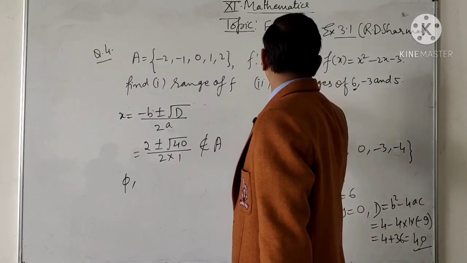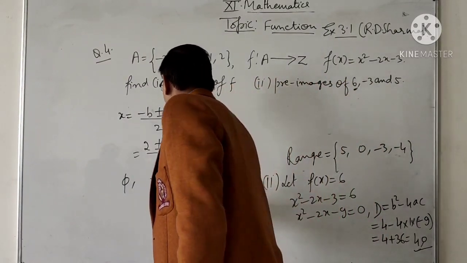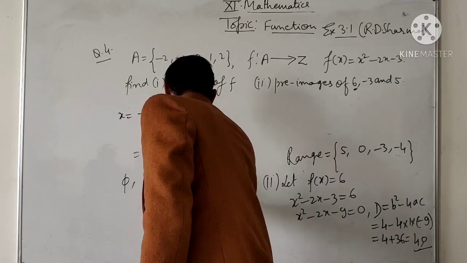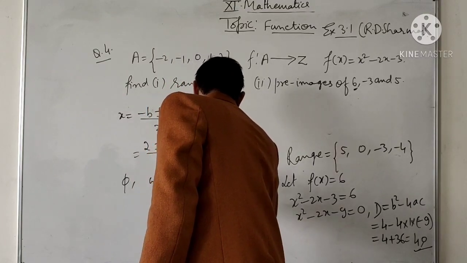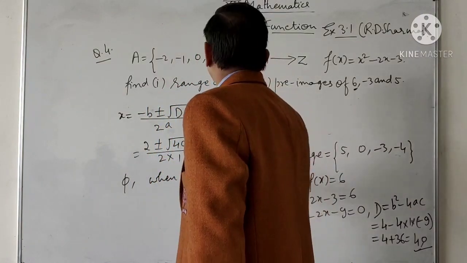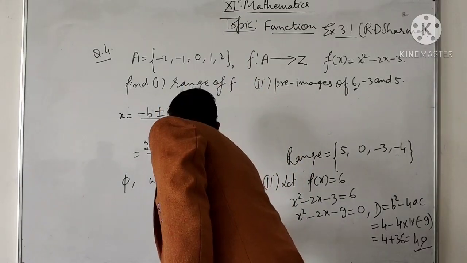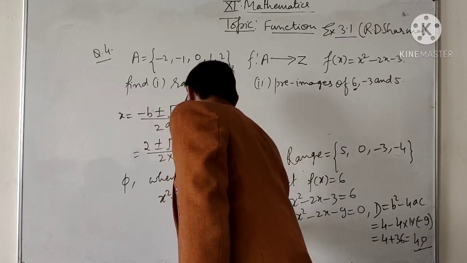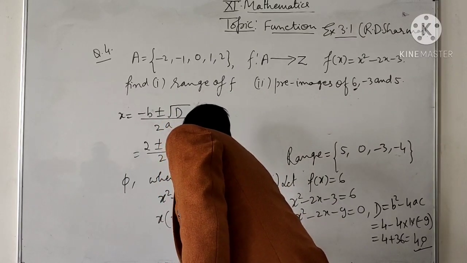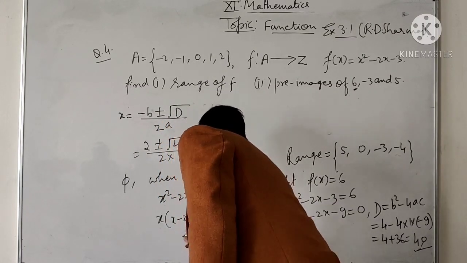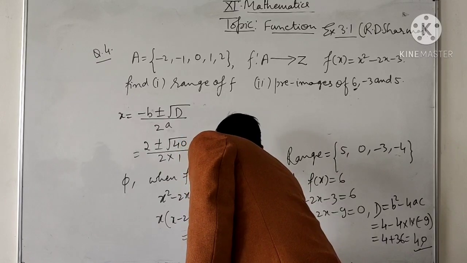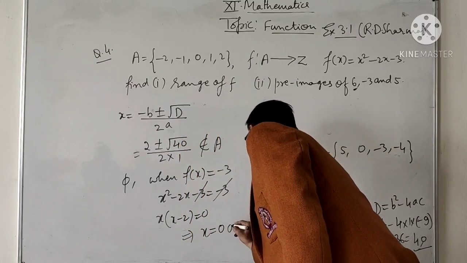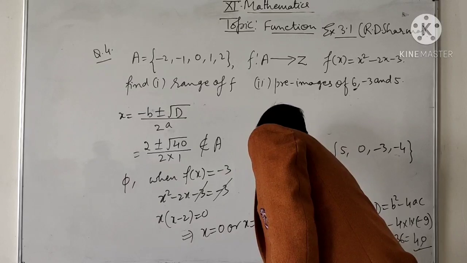For the second part, when f(x) is -3, then x² - 2x - 3 equal to -3, the -3 is cancelled, x common, x(x - 2) equal to 0. From this we will get two values of x: x is 0 or x equal to 2.